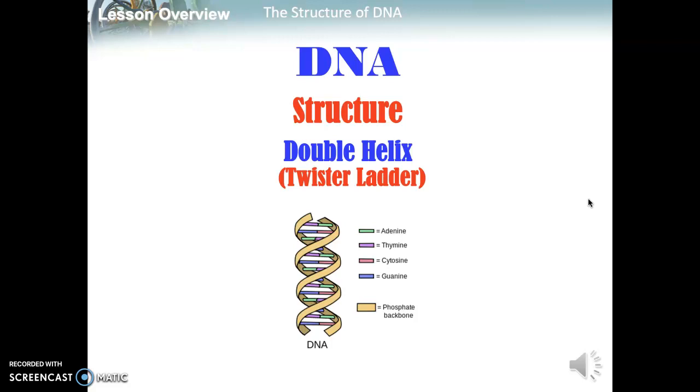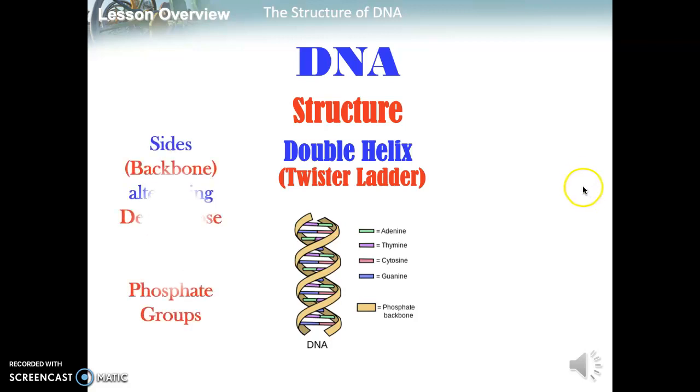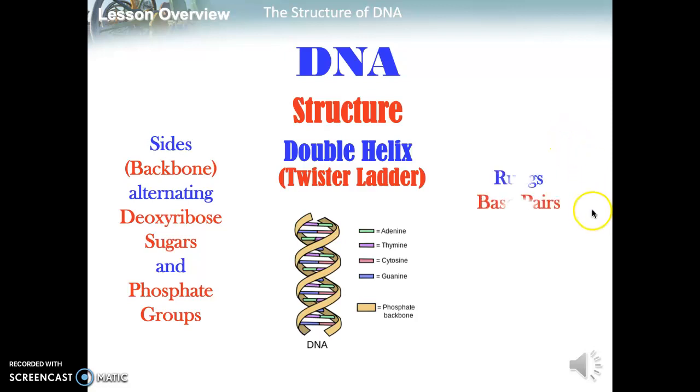Those actually make up the sides of the ladder. So again, the sides are made up of sugars and phosphate groups, while the rungs are made up of the base pairs. And if we follow Chargaff's rules, adenine always complements thymine, guanine always complements cytosine. A to T, C to G.